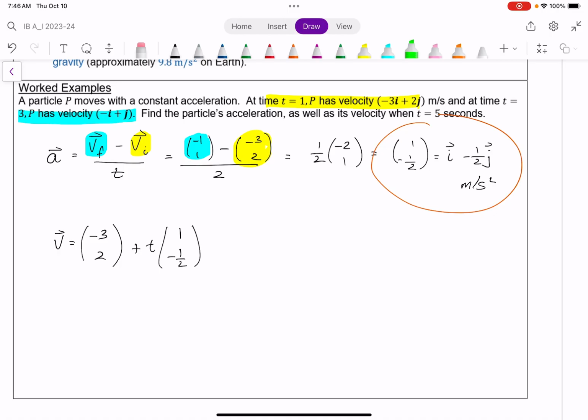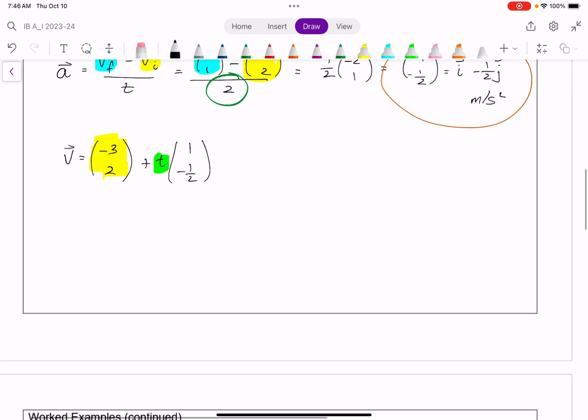If I want to find the velocity at 5 seconds, just keep in mind my t will not be 5, because my starting point here came from my initial velocity, which was at 1 second, not 0 seconds. So the elapsed time has been 4 seconds. Just like in the previous part, there was a 2 because the difference between 3 and 1 is 2. So my final velocity, I can calculate by using this vector here, plus 4 times my acceleration.